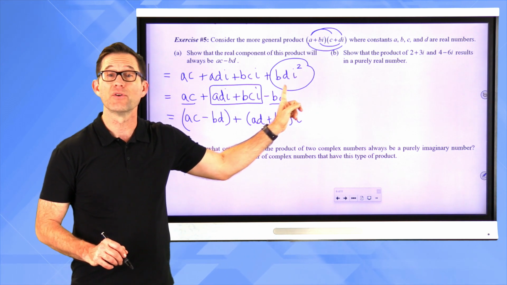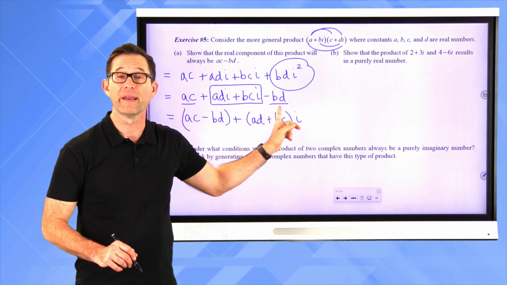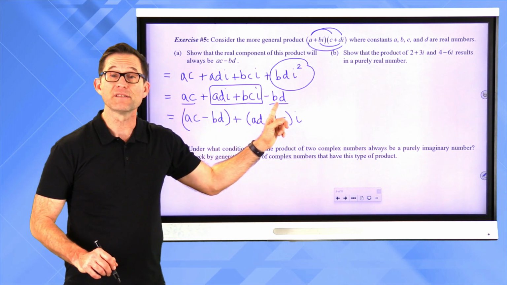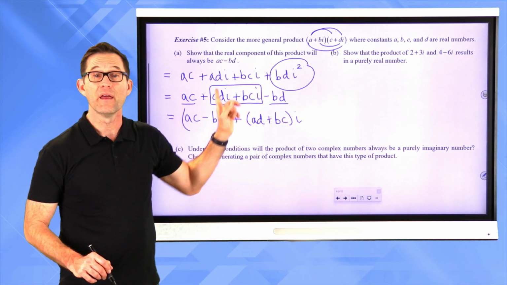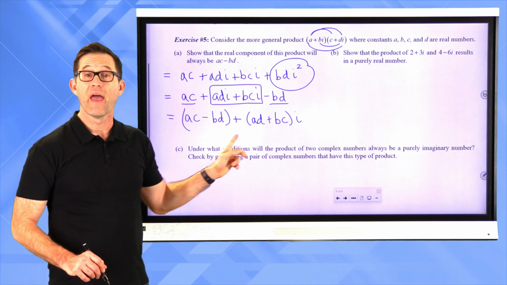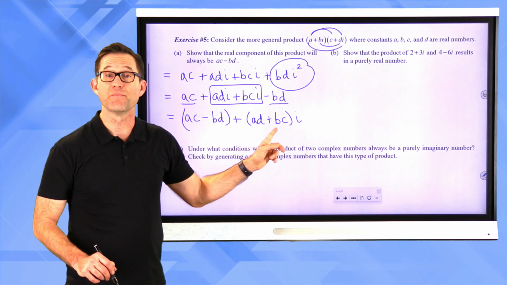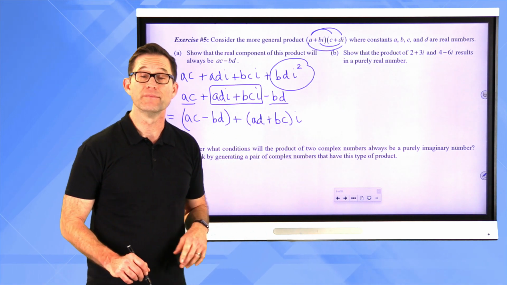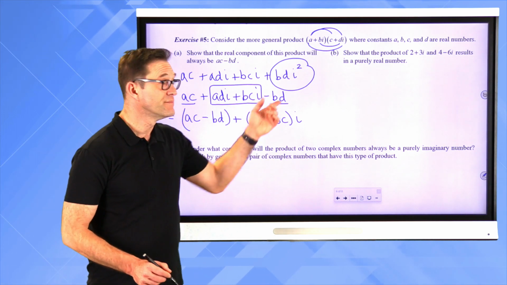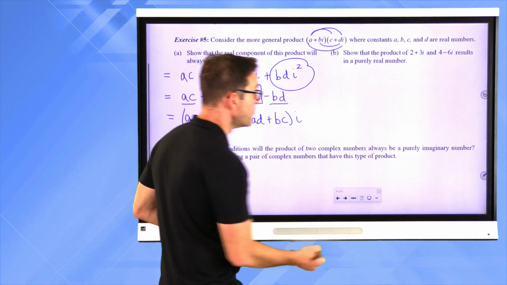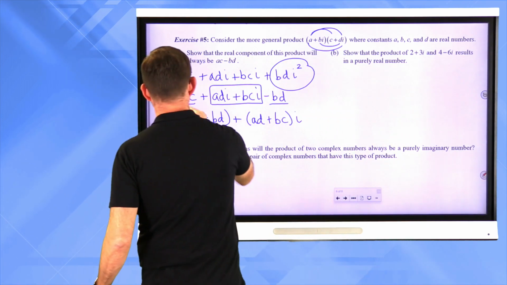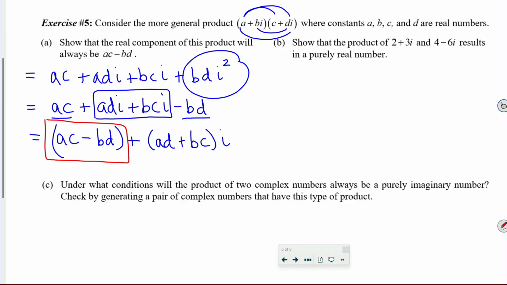Turning that i squared into a negative 1 gives me just minus b times d. Therefore, a times c minus b times d is the real component, and a times d plus b times c then is the imaginary component, right? Great. So we did it, and maybe I should just be very clear. Here is the real component.